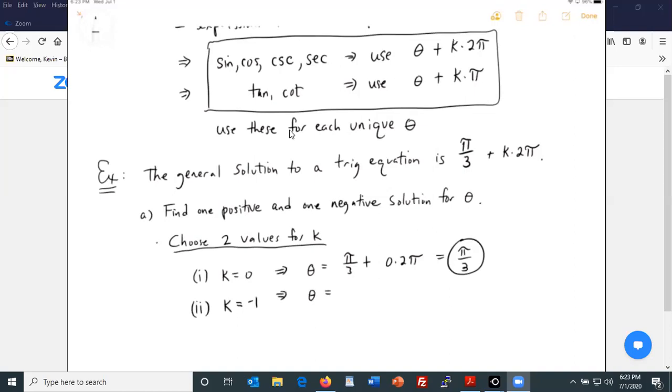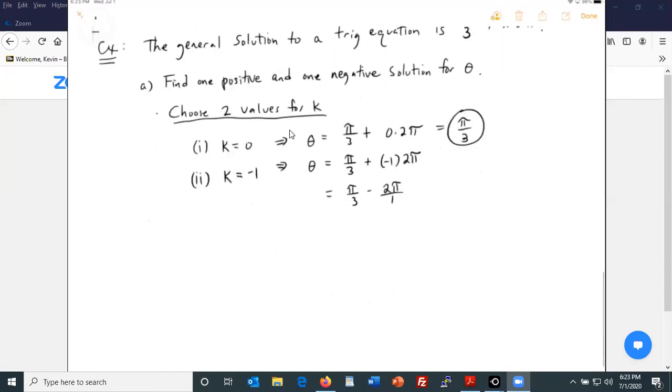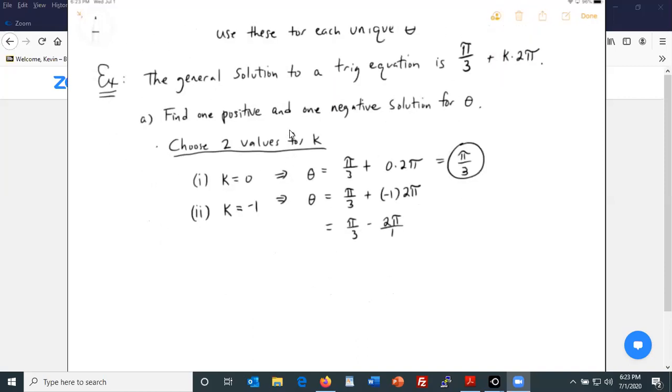So now theta would be pi over 3 plus -1 times 2 pi. That's going to end up subtracting 2 pi, which is probably going to make this negative. So pi over 3 minus 2 pi is what we have to figure out. Here you're going to have to use a little bit of fraction math. So put 2 pi over 1, and now let's get a common denominator.